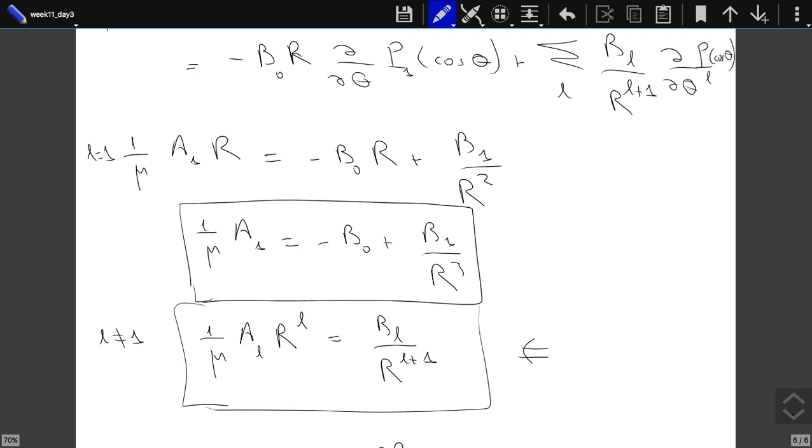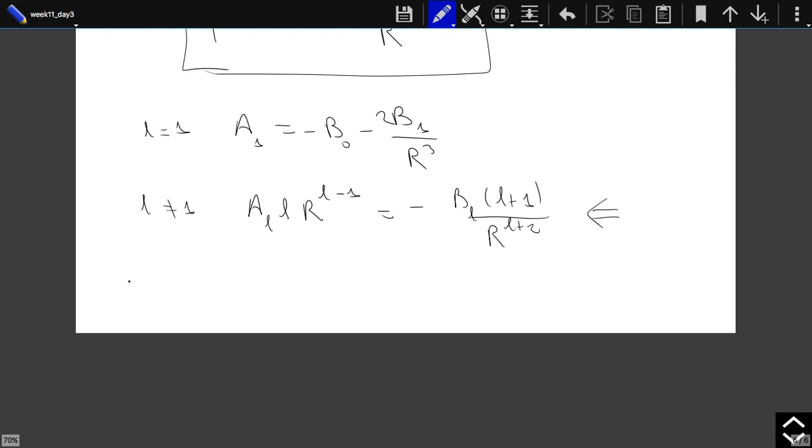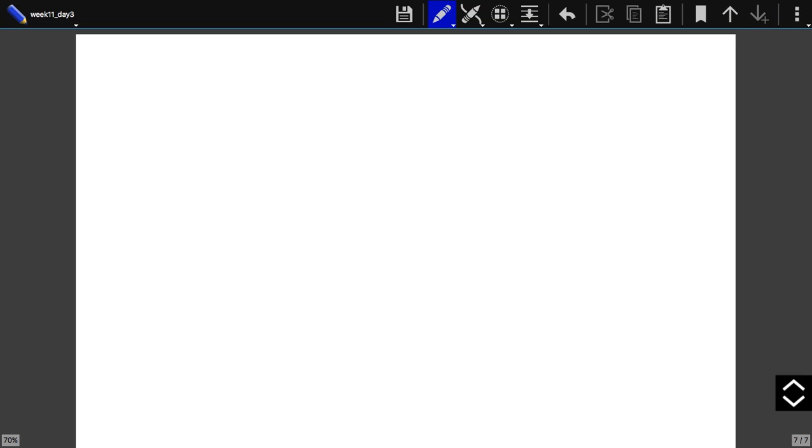This equation tells me that A_L and B_L should have the same sign. Well, two constants can have both the same sign and the opposite sign only if they are 0. So this already tells me that A_L is equal to 0, B_L is equal to 0 for L not equal to 1. So I have these summations over all possible values of L from 0 to infinity, but actually there is a single term that contributes. Now let's find that term.